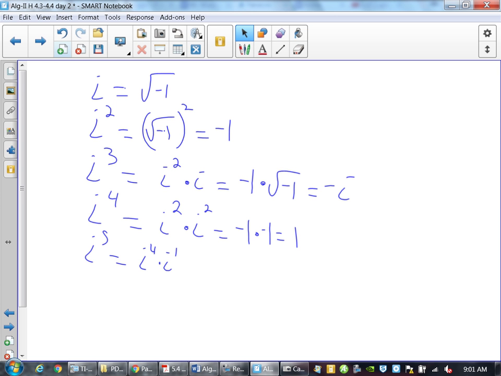No, actually, I'd say about 65 to 70% of the ACT goes up through geometry. The ACT though has a ton of polynomial operations, a lot of function notation, a lot of the trig stuff that I show you guys. So if you take the ACT in the spring, you will see almost 96, 97% of all the material that's on there.